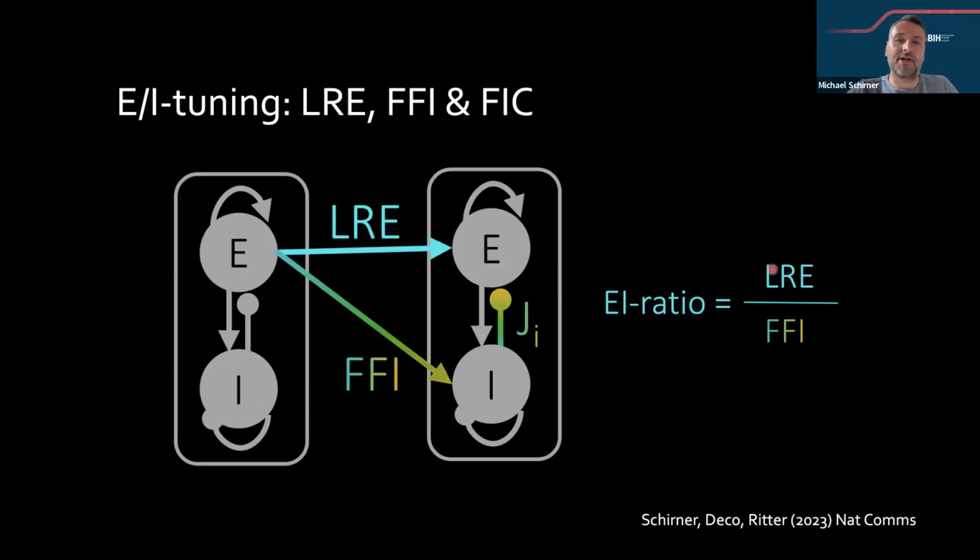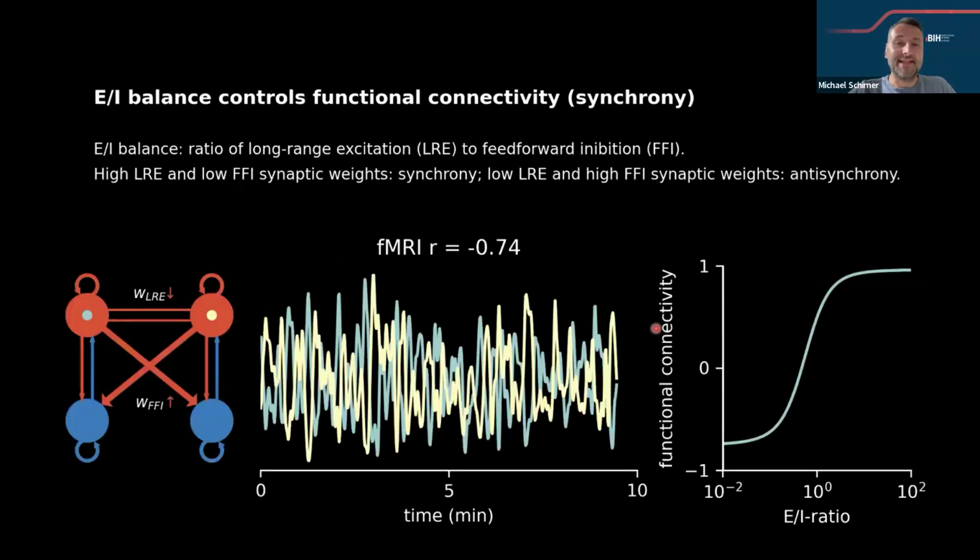So this is long-range excitation over feed-forward inhibition, which gives us excitation-inhibition balance. And the cool thing is now we can start to tune this. We can take this parameter, the EI ratio, and start tuning it instead of only tuning long-range excitation, often also called the G factor from the first two lectures, and instead tune this full ratio. And this gives rise to very interesting dynamics.